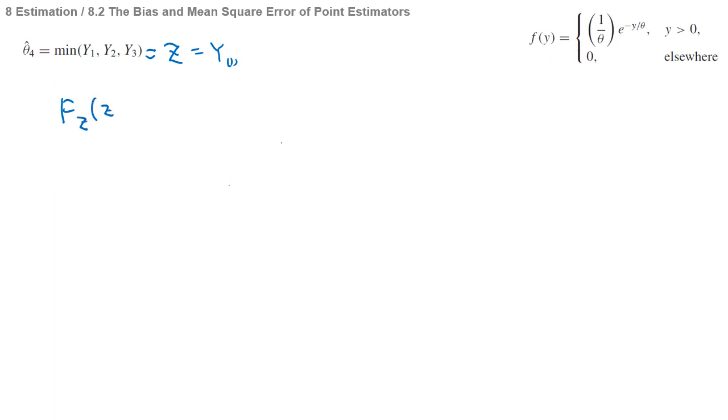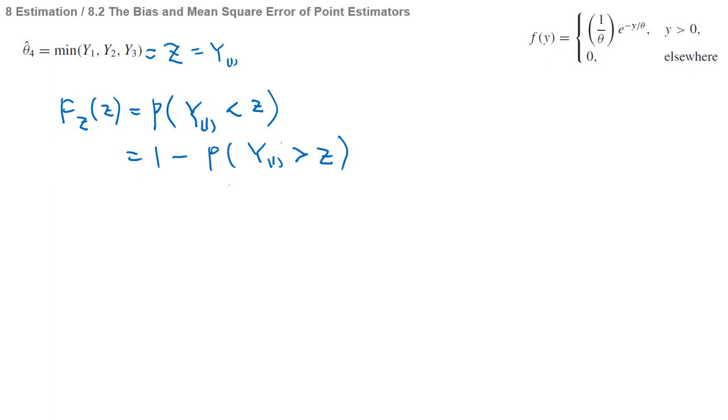The probability that Z, the minimum of Y1 to Y3, is less than small z, we can write as 1 minus the probability that the minimum of Y1, Y2, Y3 is greater than z.